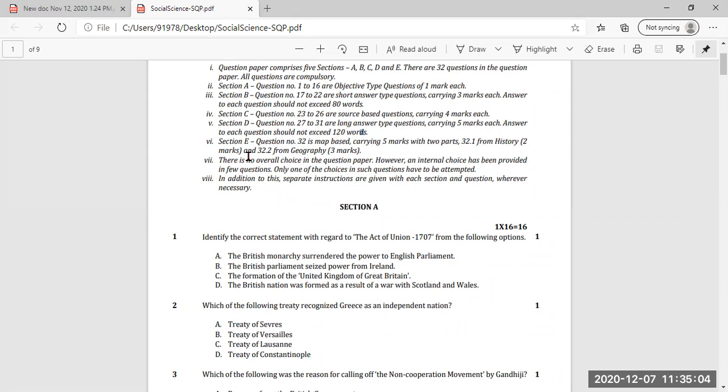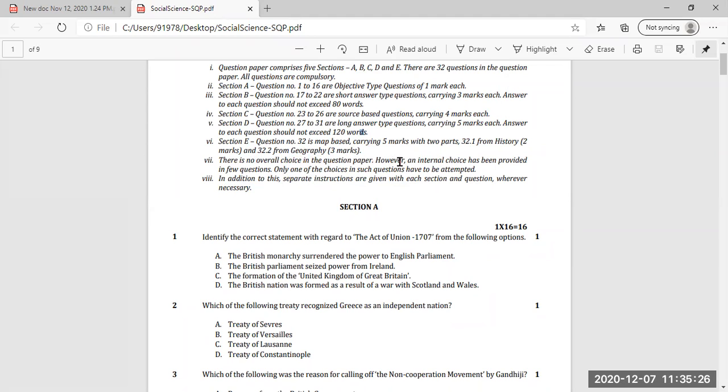Then section E, question number 32, is map based. As the last section was for map skill only, here also section E will be map based. That will be question number 32, carrying 5 marks with 2 parts.